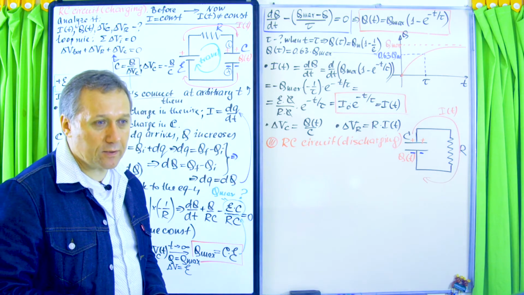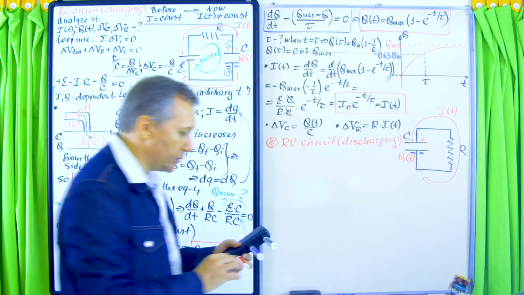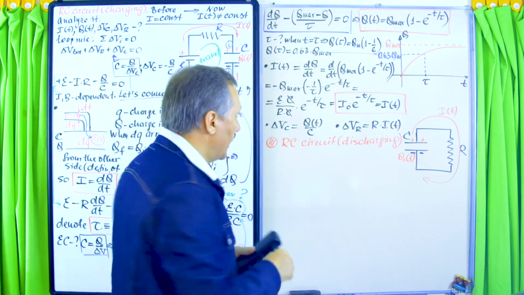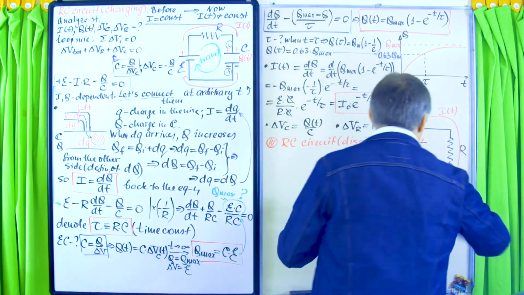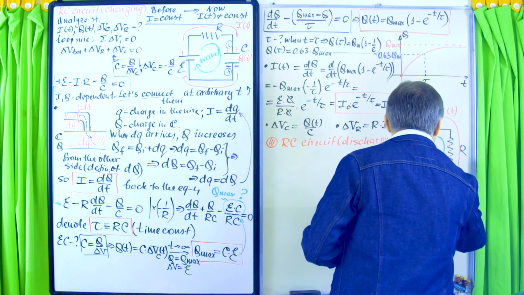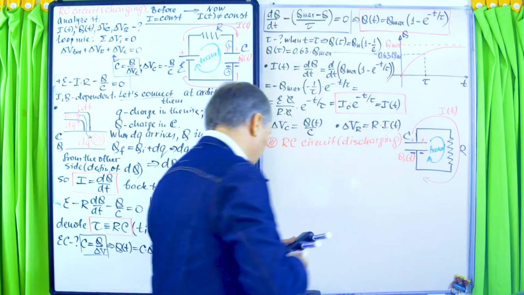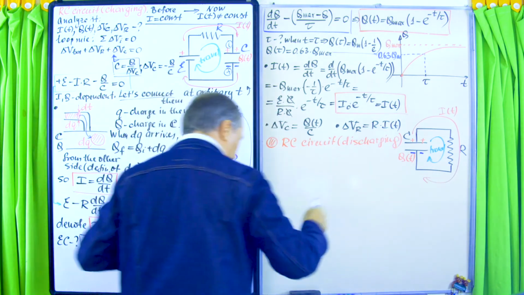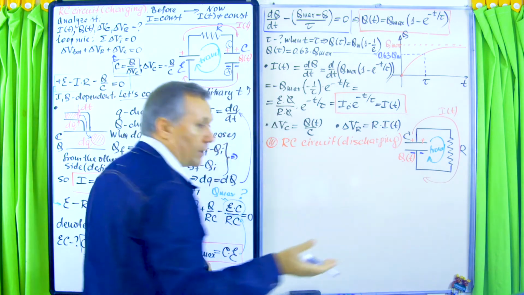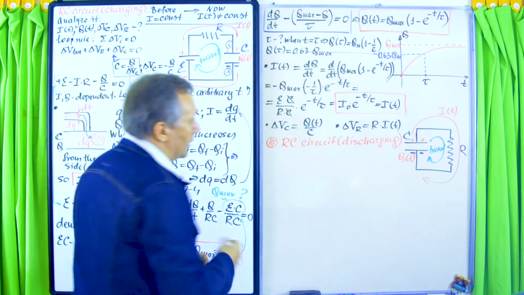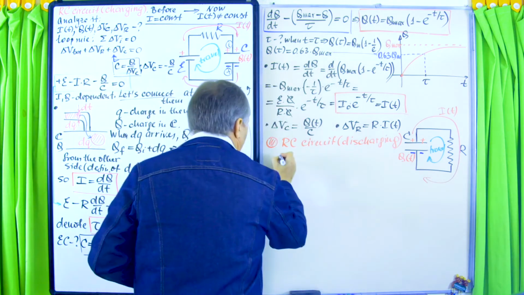In order to analyze the situation, again, Kirchhoff's loop rule, right? And of course, in order to apply that, you'll have to pick the travel direction, right? And what are you going to get as an equation? So, okay, let me write first.